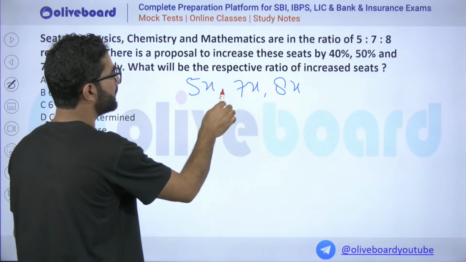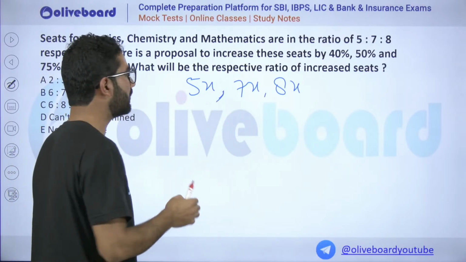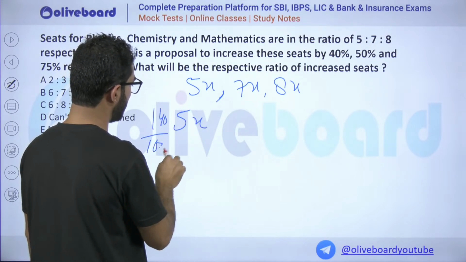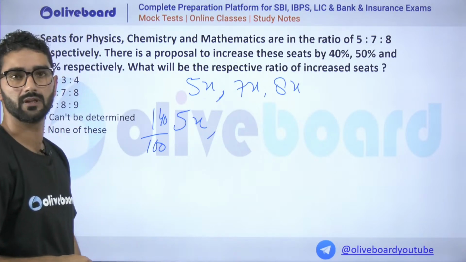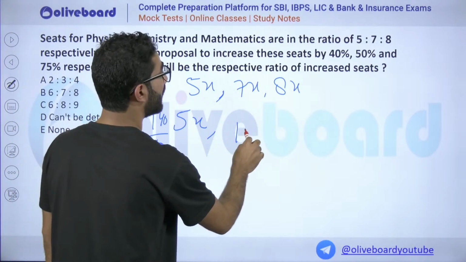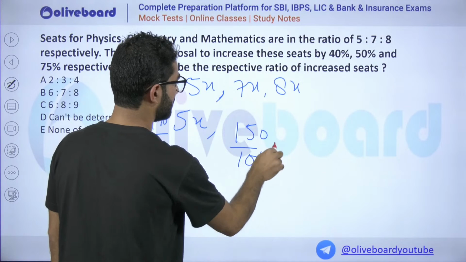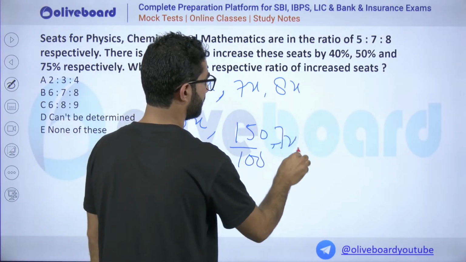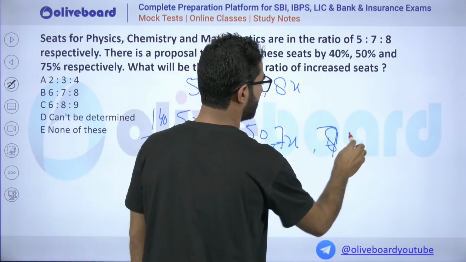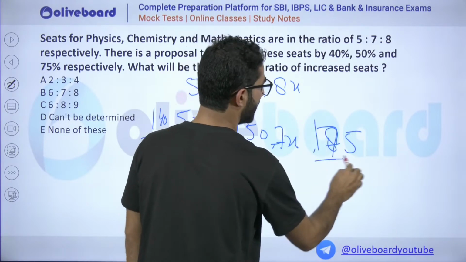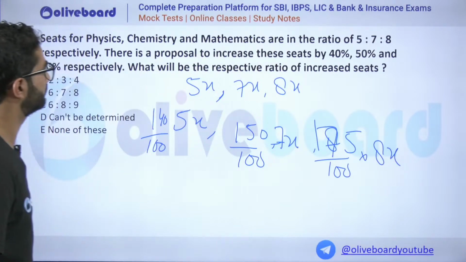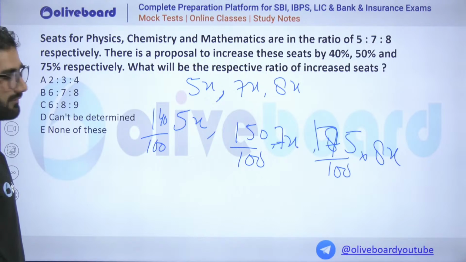So the new value will be 140 upon 100 of 5x. The next will be 150 upon 100 of 7x. And the last one is increased by 75%, so 175 upon 100 of 8x. Now this is the increased value, na?